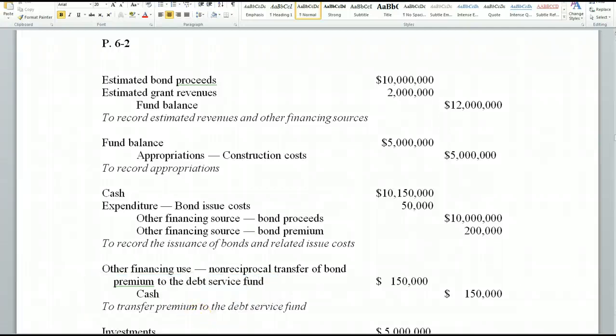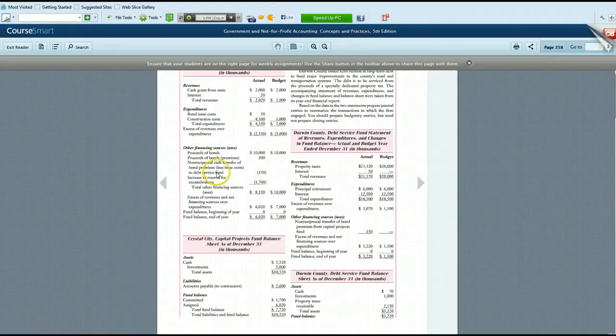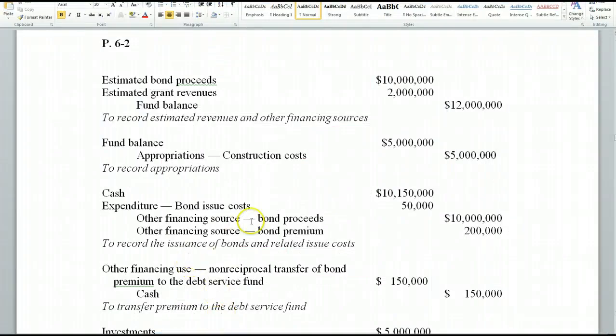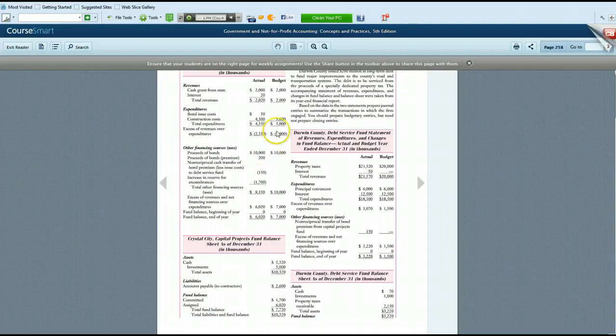So if we go back here again to the book, we can see that we have a bond premium of $200,000. We have bond proceeds of $10 million, and we have also showing us that we have bond issue costs of $50,000.